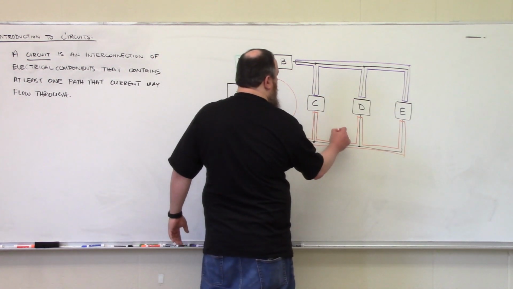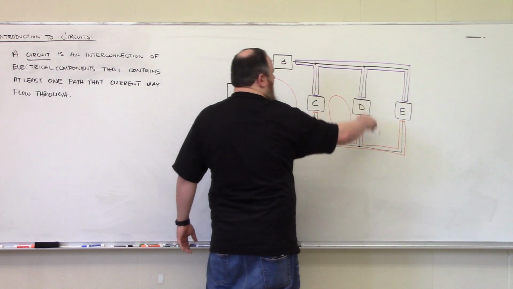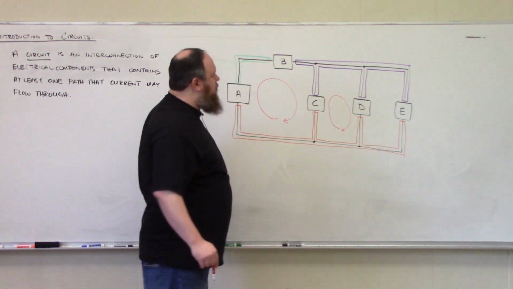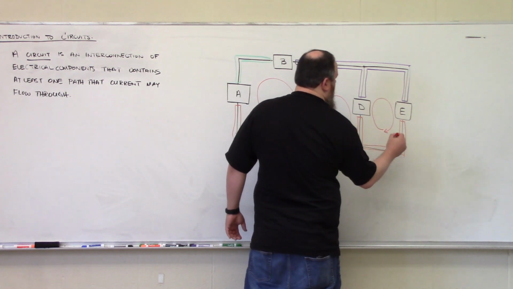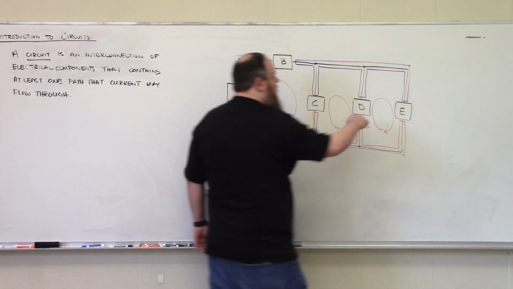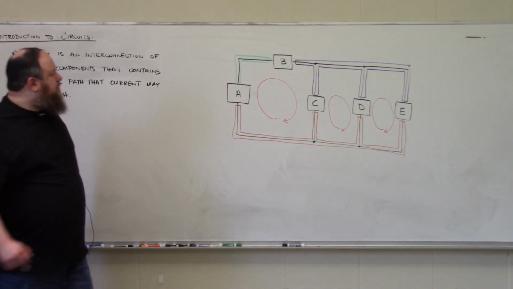So that's one loop. This closed path through element C back down through D, circulating like so. We have another closed path here through element D, circulating around through element E. So those are 3 loops.